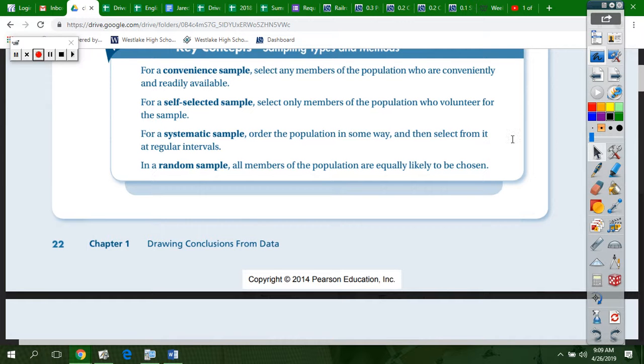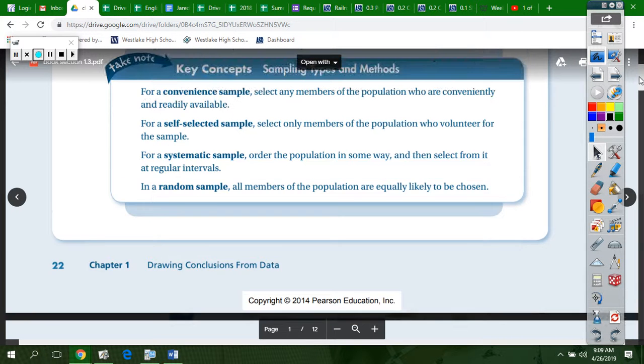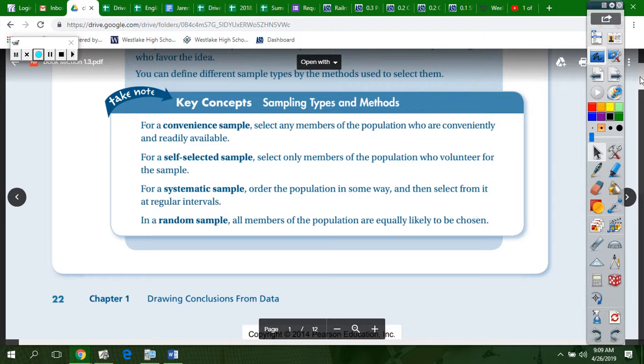Okay, so our first thing in 8-3 is talking about different types of sampling. So there's different ways to collect your data. A convenient sample. By the way, this is the thing that kind of hurts people on their test. You're like, I don't know which kind it is, but just think about it and adapt it. I'll give you examples of what it's kind of like.